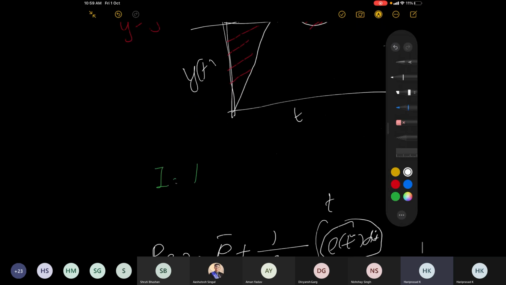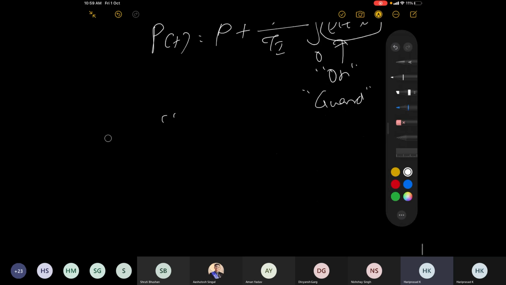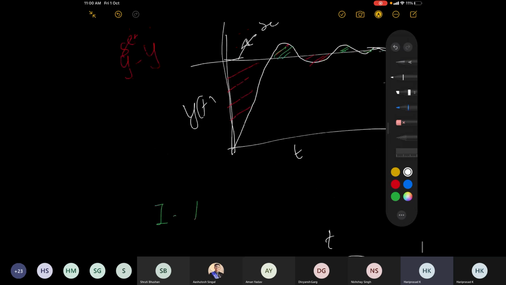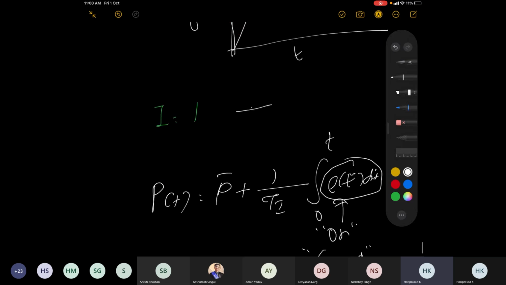There is a very interesting term for this: asymptotically. This continuous plus-minus action of the integral term would asymptotically drive the error to 0, which essentially means that there won't be any offset.